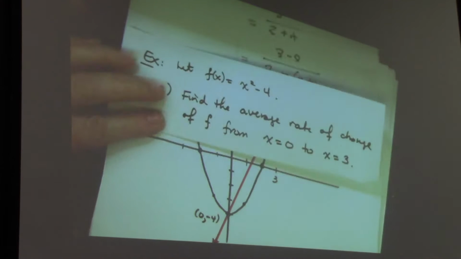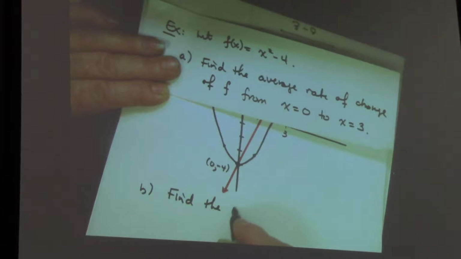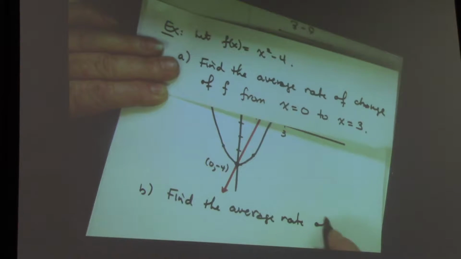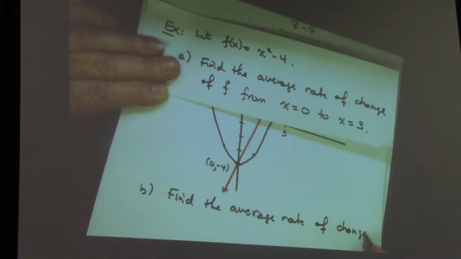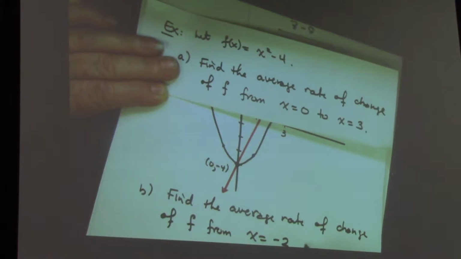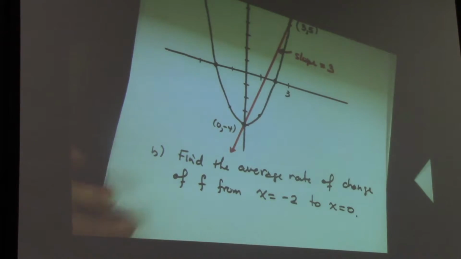Let's find the average rate of change of this same function, but from a different x to a different x. So find the average rate of change of f from, say, x equals -2 to x equals 0. From x equals -2 to x equals 0.